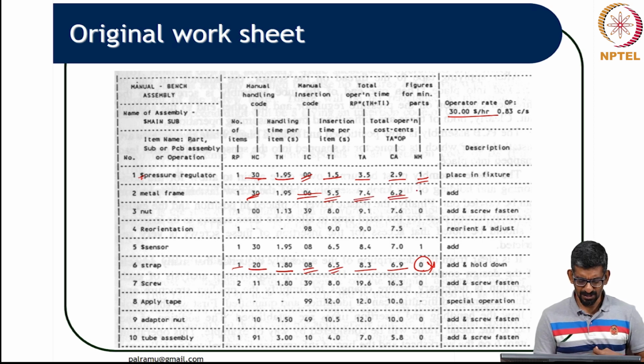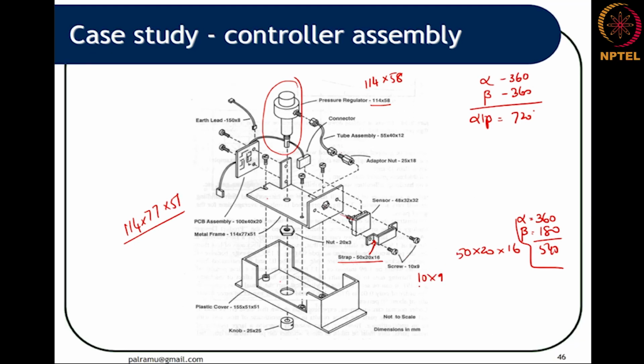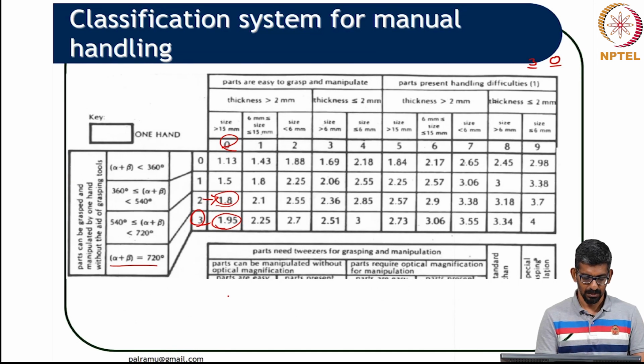Okay. So, just before I wrap up, we will just look at probably the screw. These two screws that we are talking about, it says 10 by 9. Okay. So, there are two screws, the handling code is for a screw, what is your alpha plus beta?